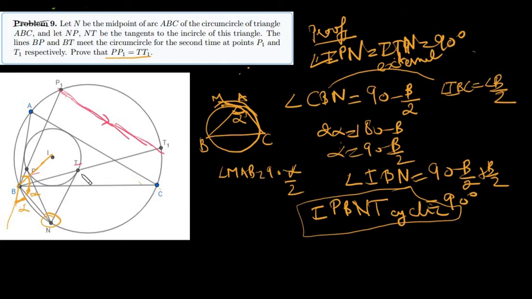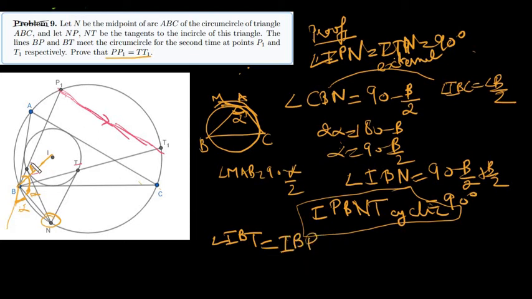Now we're almost done. We can use this fact to show that indeed P1, T1 is parallel to AC, or that N is also the midpoint of the arc P1, T1. And that's pretty easy. Now that we know that these are cyclic, let me make sure that this is point P. So angle IBT, let's see if you can follow this, is equal to angle IBP.